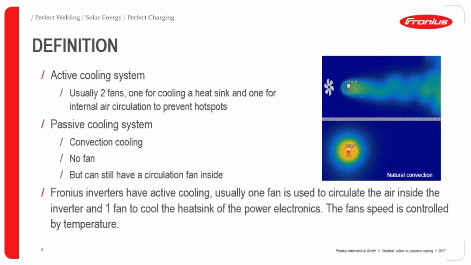But actually, to be precise, we usually have two fans. There's one fan inside the inverter that basically circulates the air inside to prevent hotspots, and another fan that is just cooling the heatsink.